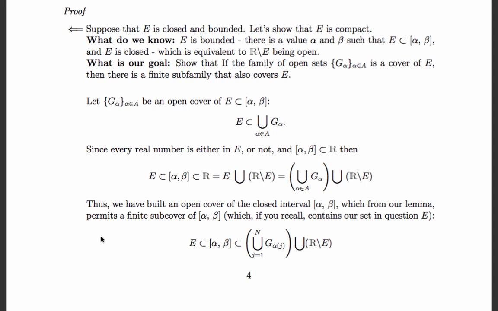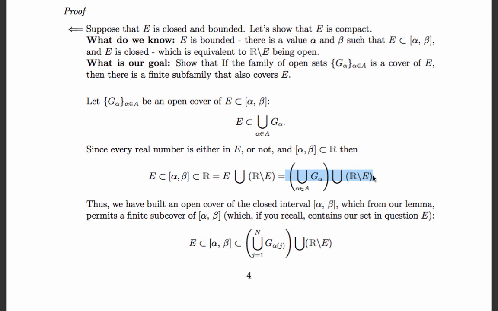So we have built another open cover of the closed interval alpha to beta, right? Remember, G alpha is an open cover of E. What we have here is an open cover of the closed interval alpha to beta. But we know from our lemma just a bit above that a closed interval alpha to beta, that is every open cover of a closed interval, permits a finite subcover.